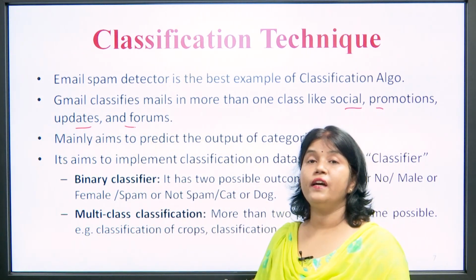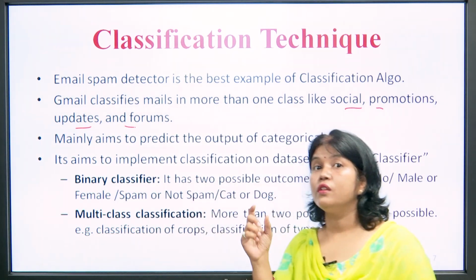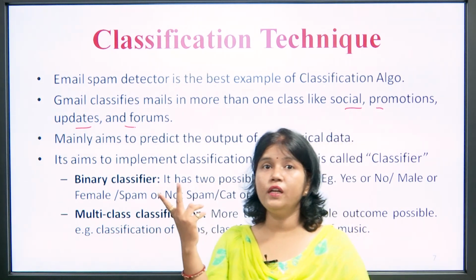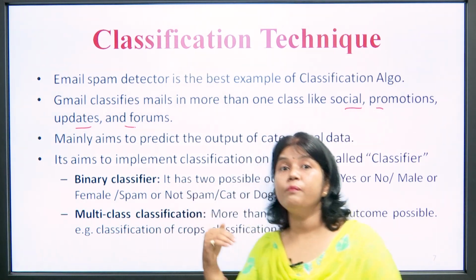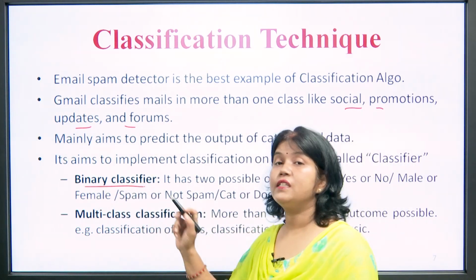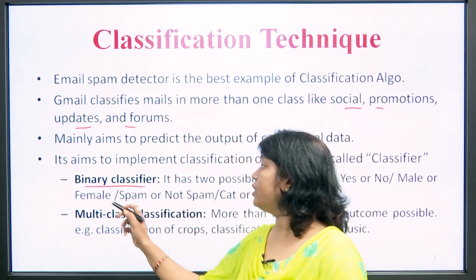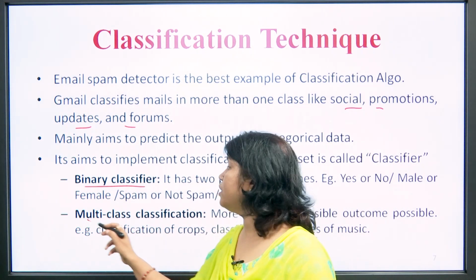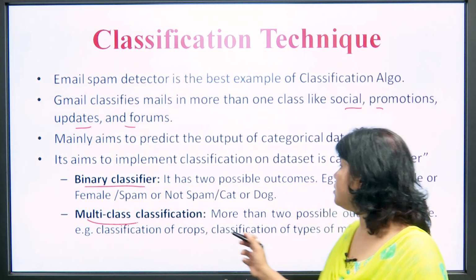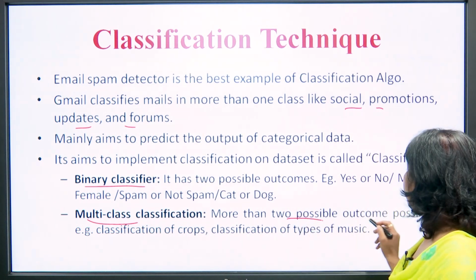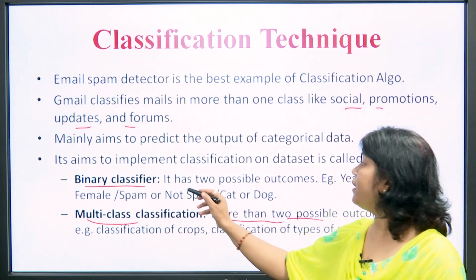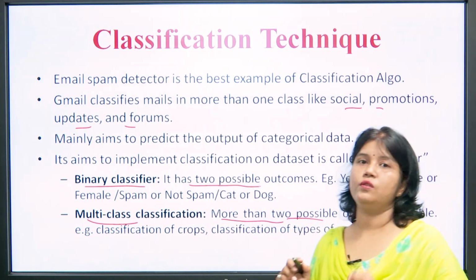So, with the Gmail classifier, I have told you your output may be a class, maybe in a binary manner, maybe in a multi-class manner. The classification technique is basically of two types: binary classification and multi-class. Multi-class means more than two possible outcomes, and a binary classifier has only two possible outcomes.